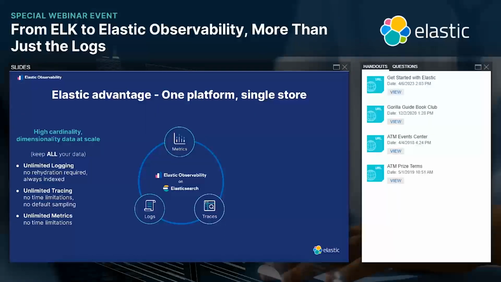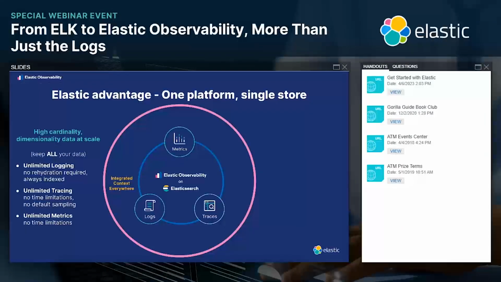And why do you need all this data? Because it allows you to have an integrated context everywhere. Like I mentioned in an example earlier, if you see a CPU spike, you are able to track it down to the host, to the application, to a specific function call, even to the kernel level information.